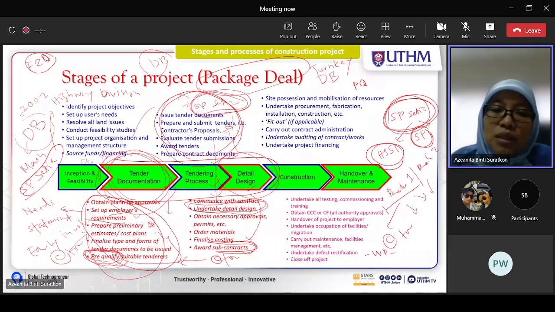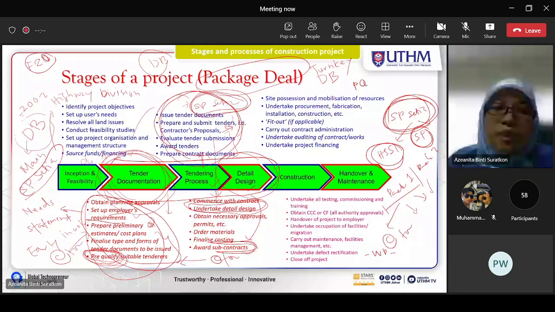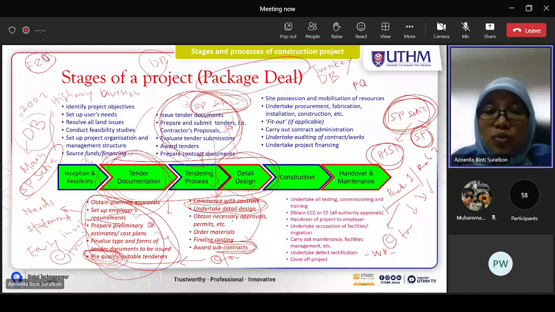This is under the tendering process, and after this one contractor has been selected, which in this case is SP Setia. Once he is awarded the contract, he will do the detailed design.